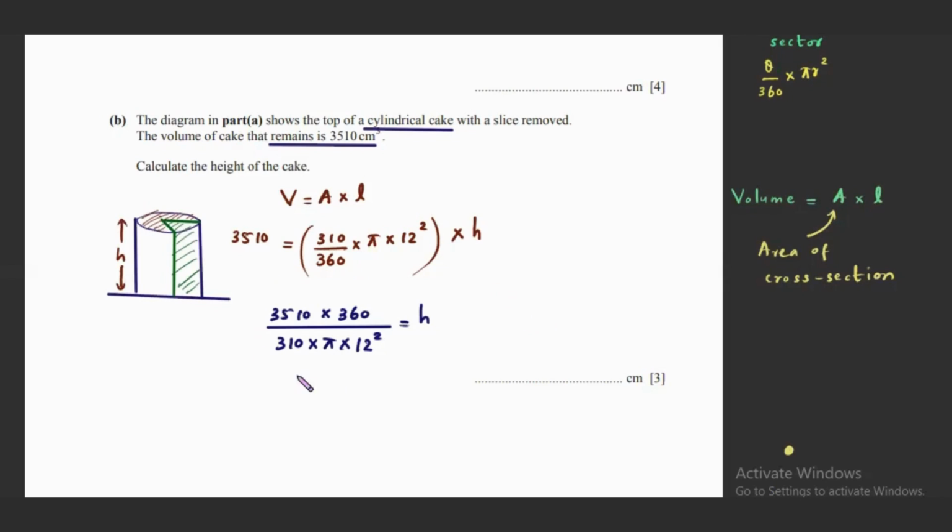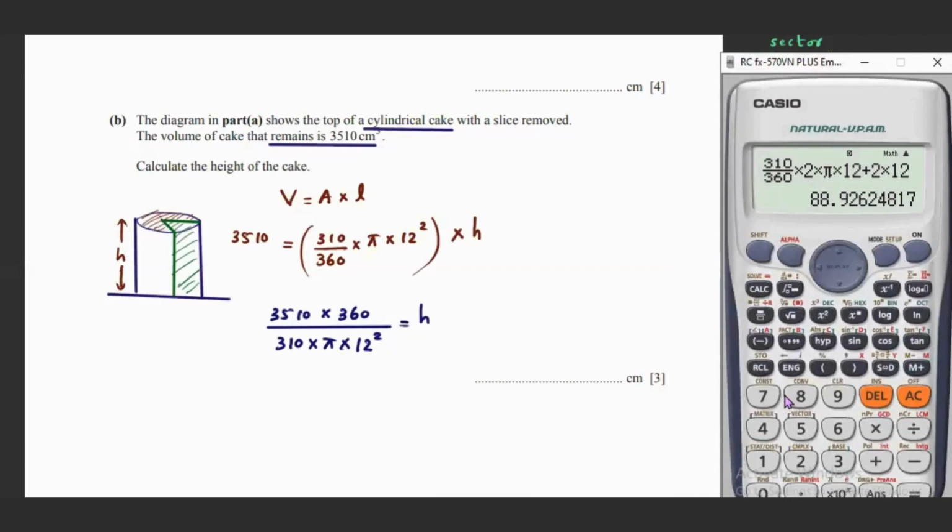Now let's put this in the calculator and see what we get as the value. So let's put the values then. I'm going to put the fraction bar. I have 3,510 and 360 at the top. 310, pi and then 12 squared.